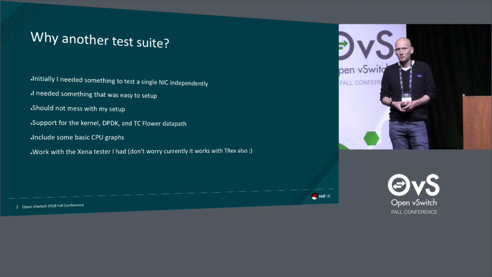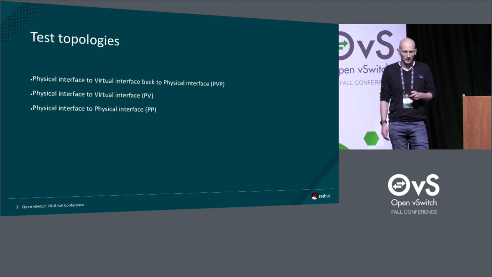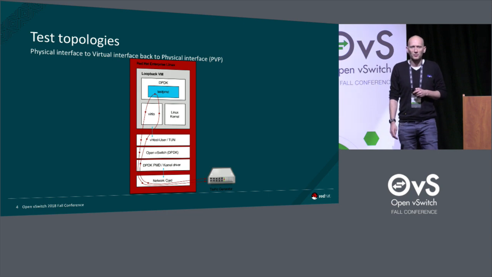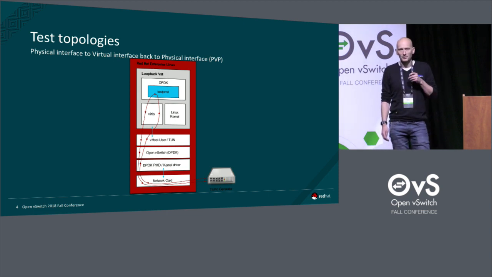So I decided to write my own script to do that, and it's been very useful. I've been modifying it a little bit to make it more general, useful for this solution. The script will test 3 topologies, so the well-known PVP topology, but on a single NIC interface. So it will go in the same NIC, and it will come out of the same NIC, both on the virtual machine and the non-virtual machine.